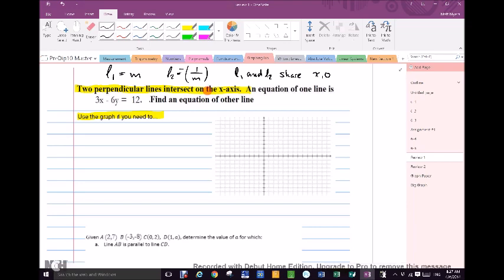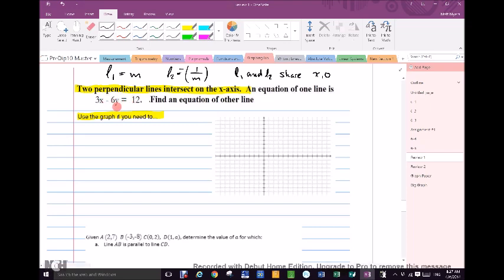No. So, first thing we should do is graph this. How many ways do we have to graph it? We could use slope-intercept. We could do x and y intercepts. We cannot do slope point.